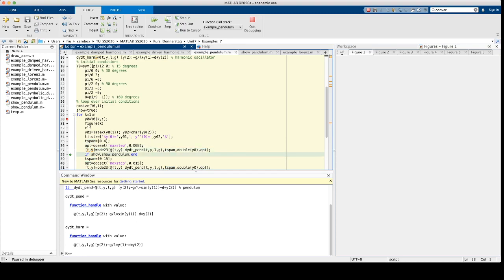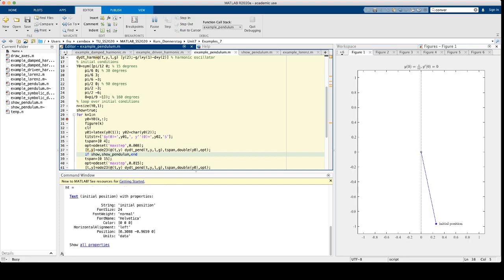Now we can show the animated pendulum oscillations. You see the initial conditions in the title of this plot.